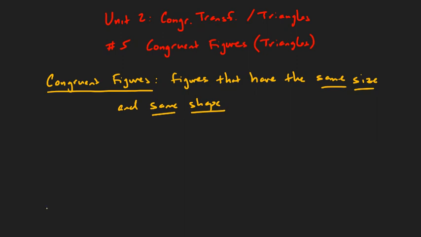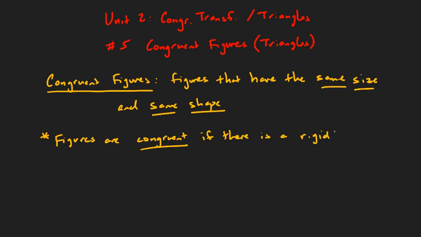Okay, so again, to add to this definition, and I'll keep the same color, right? Figures are congruent if there is a rigid motion, and in parentheses, I'm going to put congruence transformation.